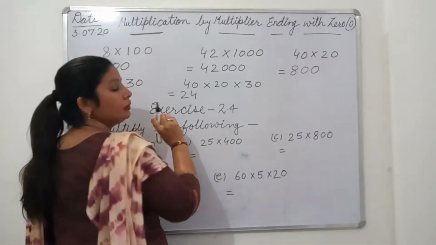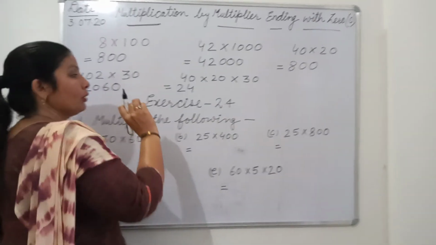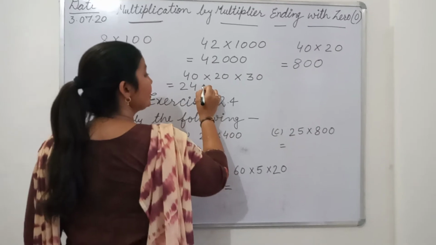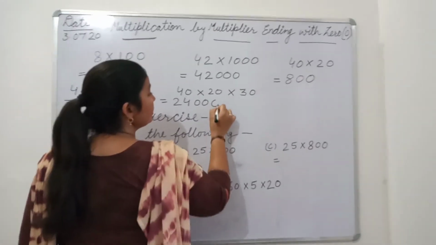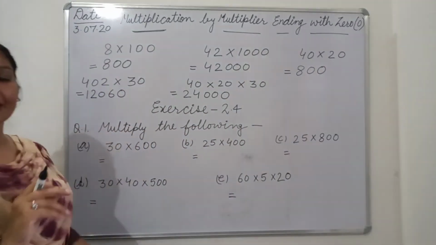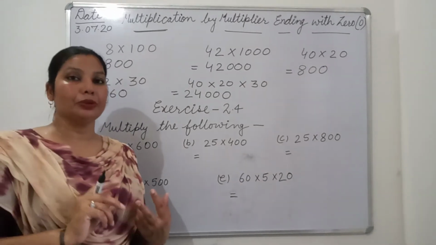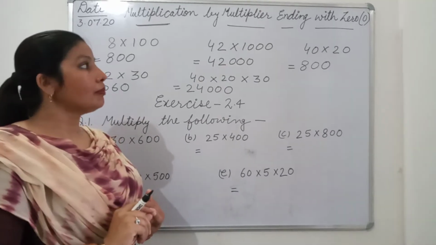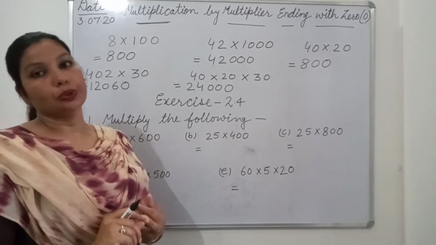Now we should count the zeros. Here there are 1, 2, 3. 3 zeros are there. So we will write these zeros. So what's the process here? Firstly we multiply the non-zero digits. Then however many zeros are in all the numbers, that many zeros we will use.